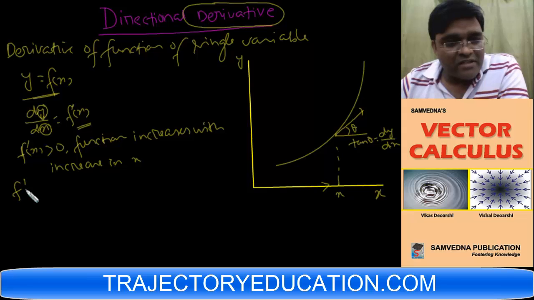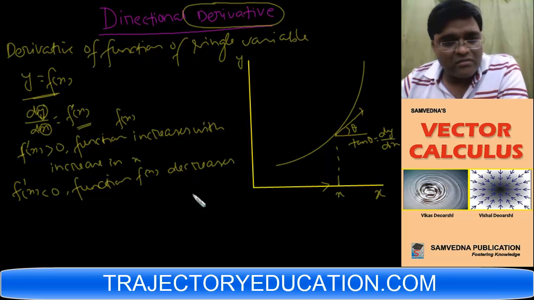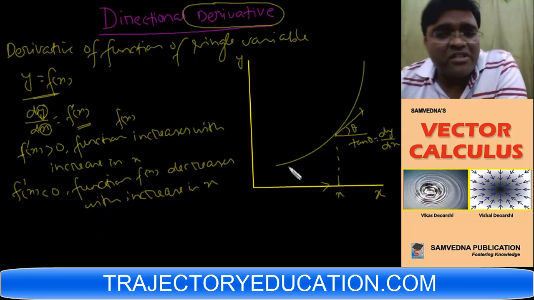So if f dash x is less than 0, it means the function f(x) decreases with increase in x. We also call it a decreasing function.